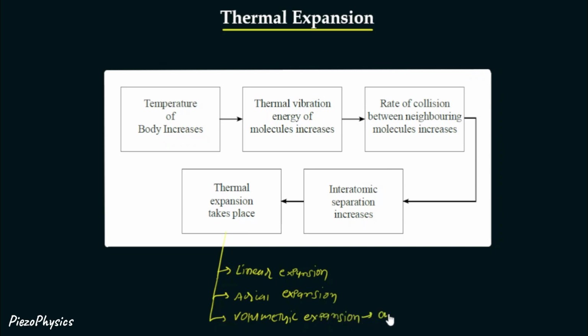It is also known as cubical expansion, while aerial expansion is also known as superficial expansion. So that is our thermal expansion. Now let us look into what is linear expansion.